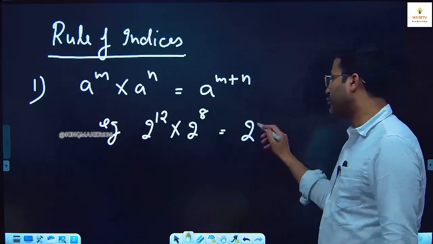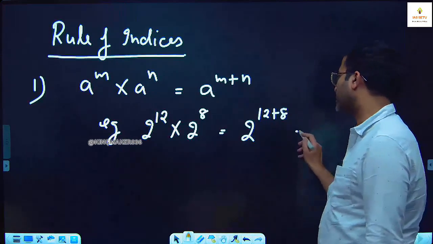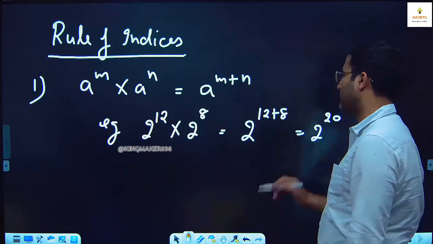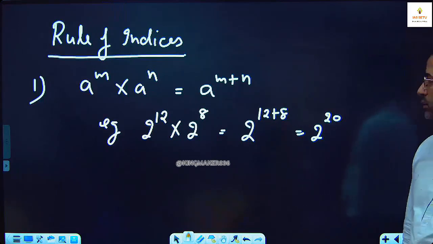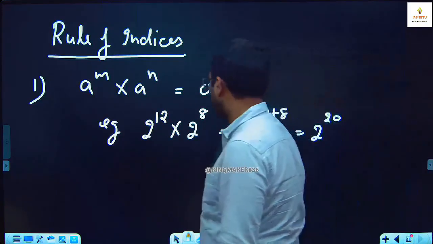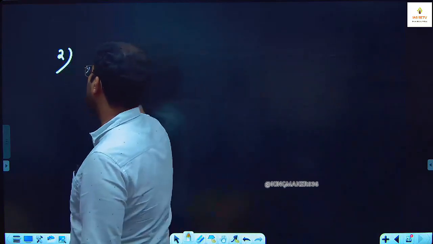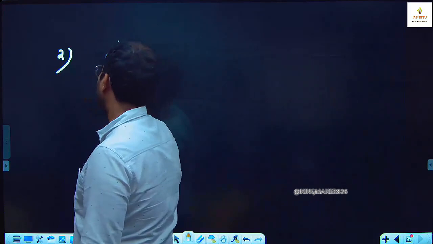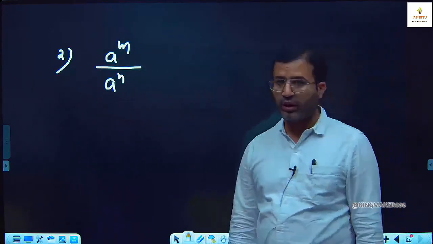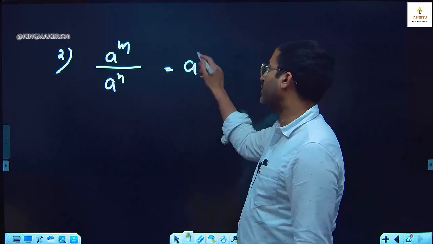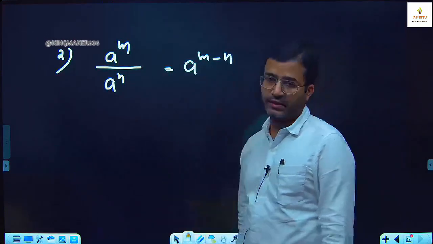So it becomes 2 is to power 12 plus 8, 2 is to power 20. Next, second rule is a is to power m divided by a is to power n. So it is a is to power m minus n.